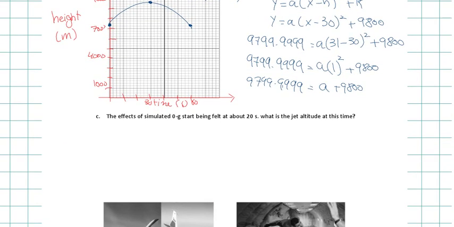Bring over the 9,800, so that becomes minus 9,800, which equals, if I subtract the two, an a value of negative 0.0001. Three zeros after the decimal. So I found the a value, and I can go back and put it in my equation: y equals negative 0.0001(x minus 30) squared plus 9,800.